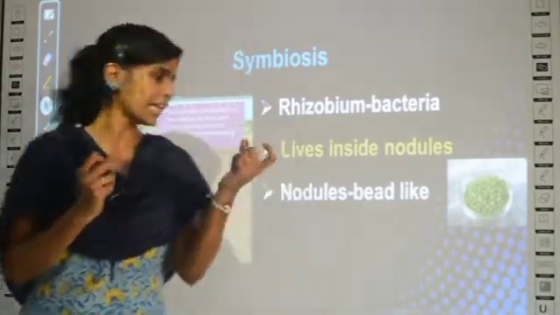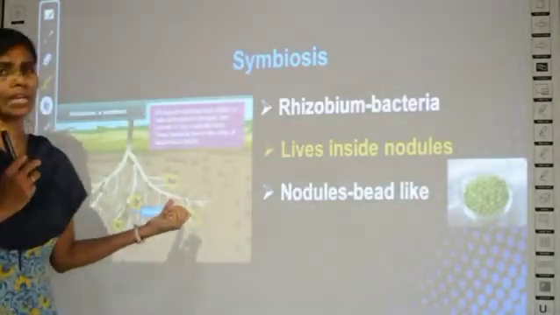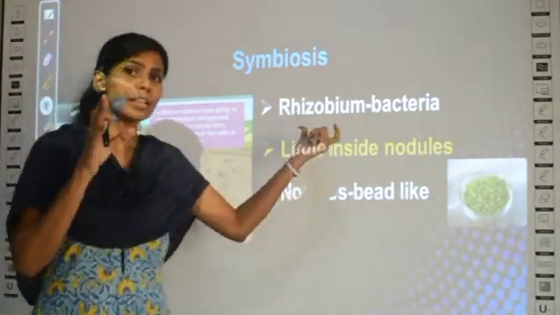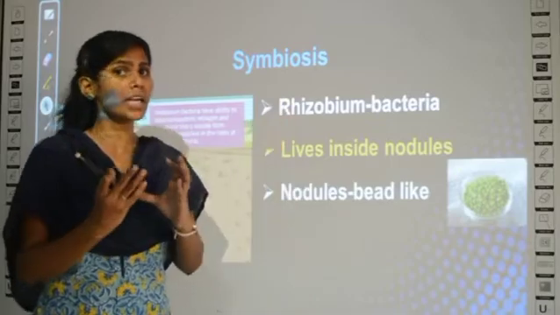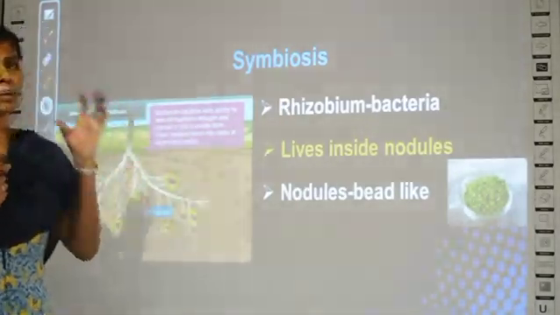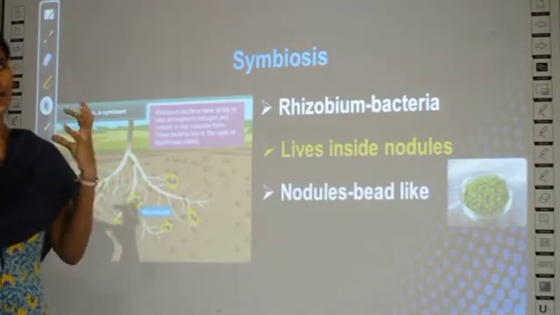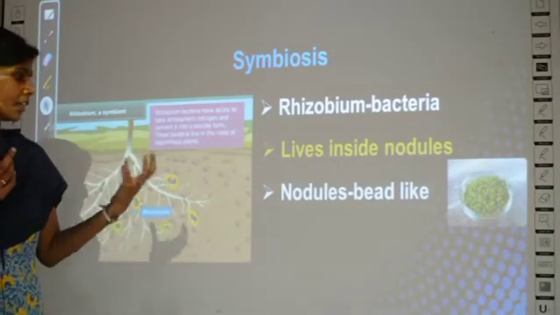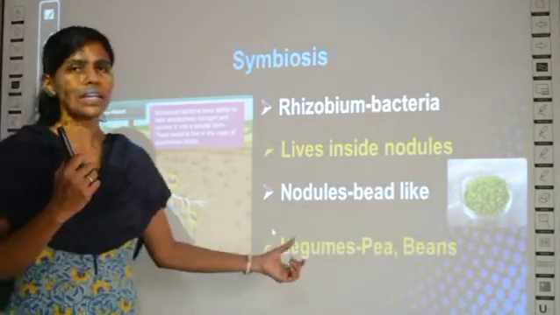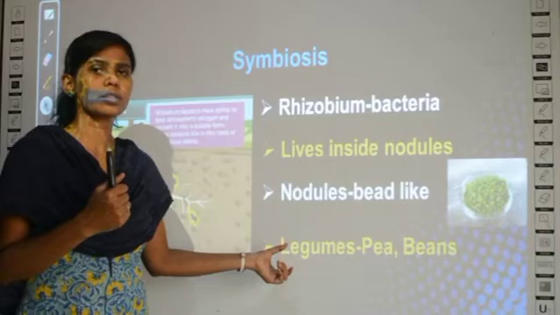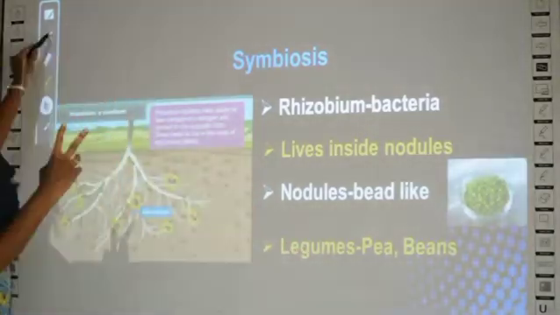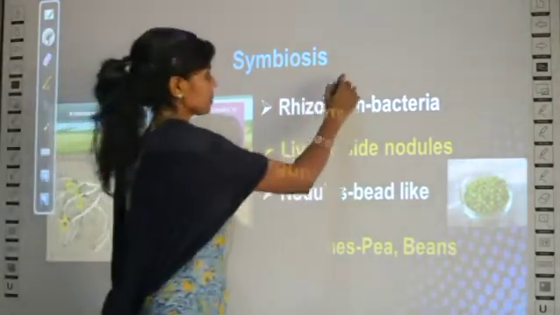So rhizobium is a bacteria found inside nodules. Nodules are bead-like structures found in the roots of certain plants called leguminous plants, or legumes.